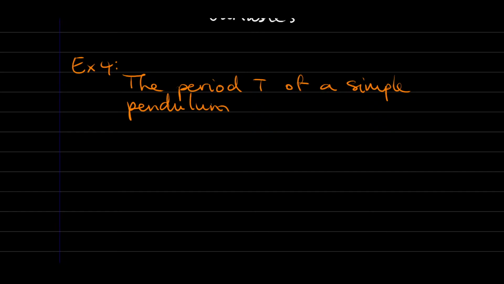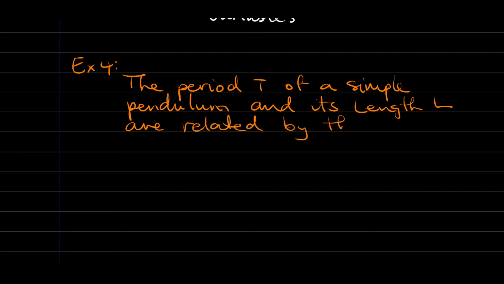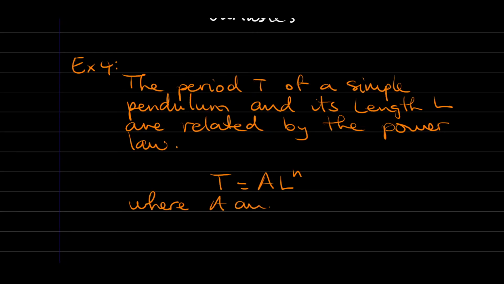Time period T of a simple pendulum and its length L are related by the power law T equal to A L^N, where A and N are constants.